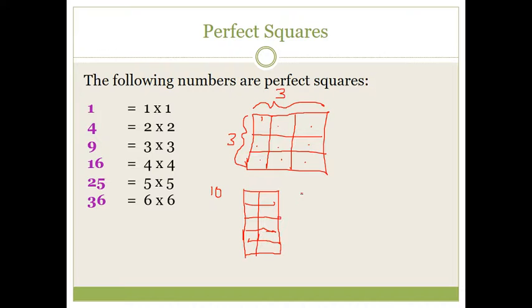I could make one really skinny long rectangle of 1 row with 10 squares, but again, this shape does not make a square. It makes a rectangle. So perfect squares can make squares when we arrange them so that they have the same length and width.